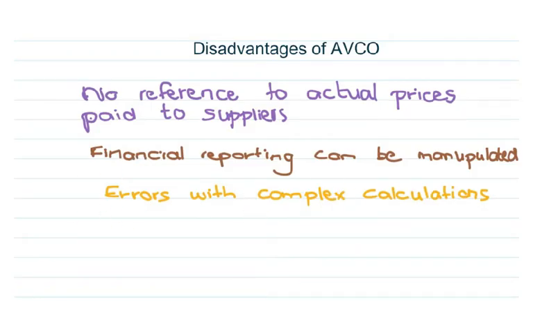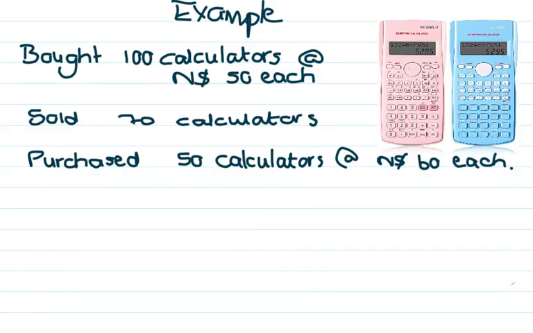Now, this is our first example, and we are buying and selling calculators. All right, so we bought 100 calculators at $50 each. Now, let us first calculate the value of these 100 calculators, and we will say the value is 100 calculators times $50.